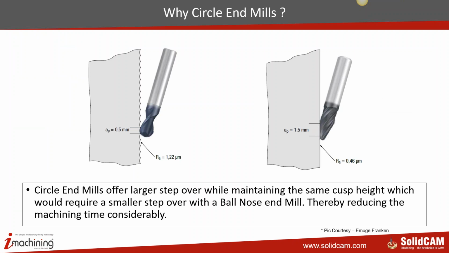Why do you need circle end mills, first of all? One of the reasons is this situation: assume we have a wall and a floor here, and the wall is about 100 millimeter long.